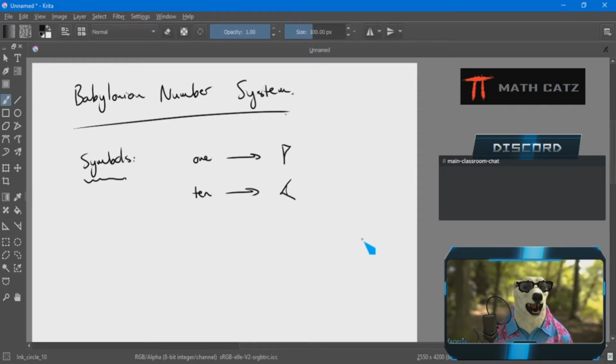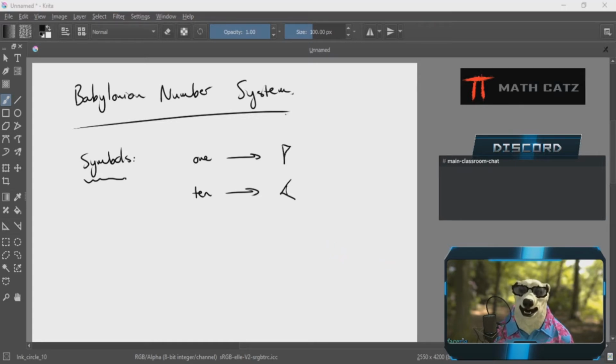Just like handwriting. You still need to recognize the letters that the person writes, even though it might be a little different. So they decided, okay, we can get away with 2 symbols.